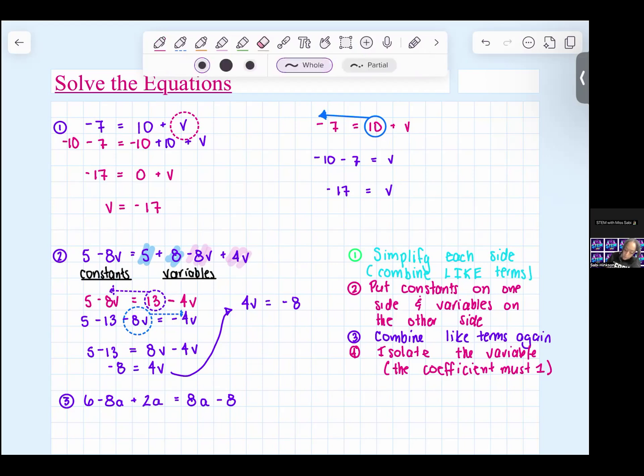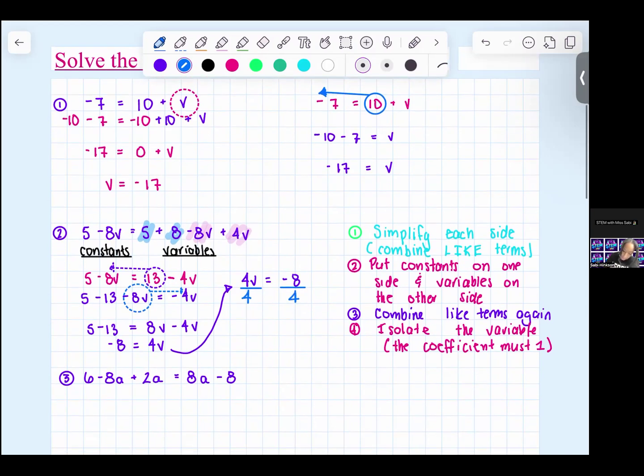So what do we do? We divide by the coefficient. We divide by the number in front because anything divided by itself gives us 1. And what we do to one side, we do to the other. So what we're left with is 1v is equal to negative 8 over 4.